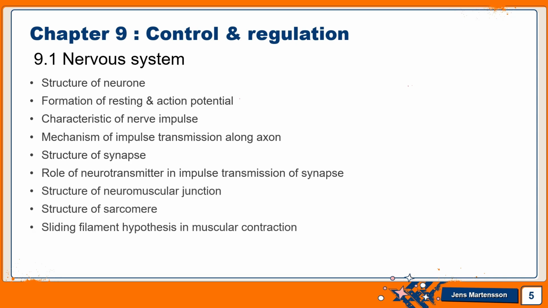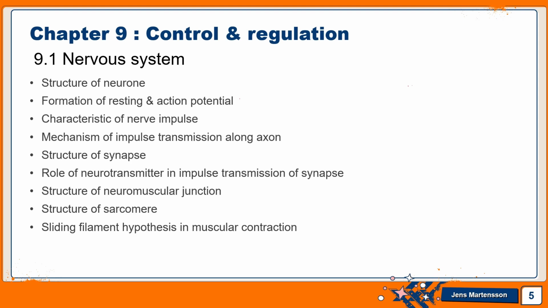Okay. So next, another topic is about the new structure of neuromuscular junction. What is this? You don't know, it's normal because it's new. These three topics are new to you.